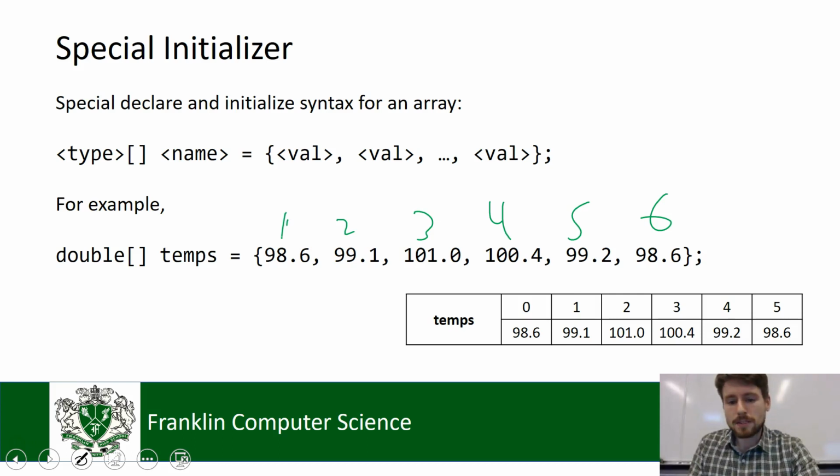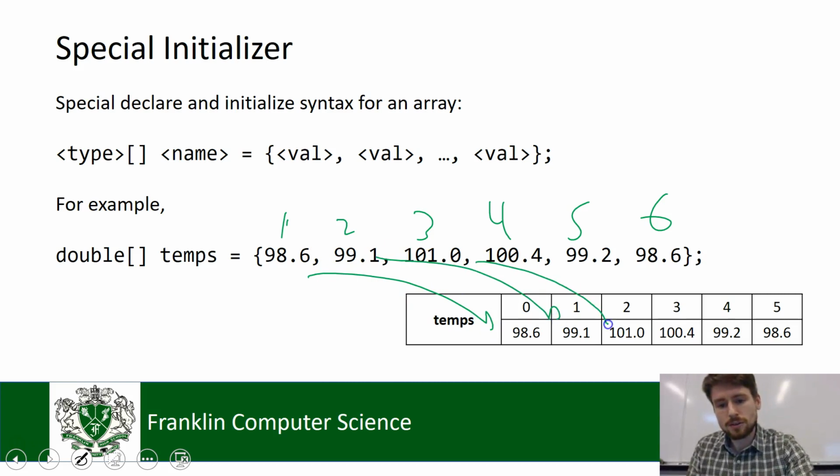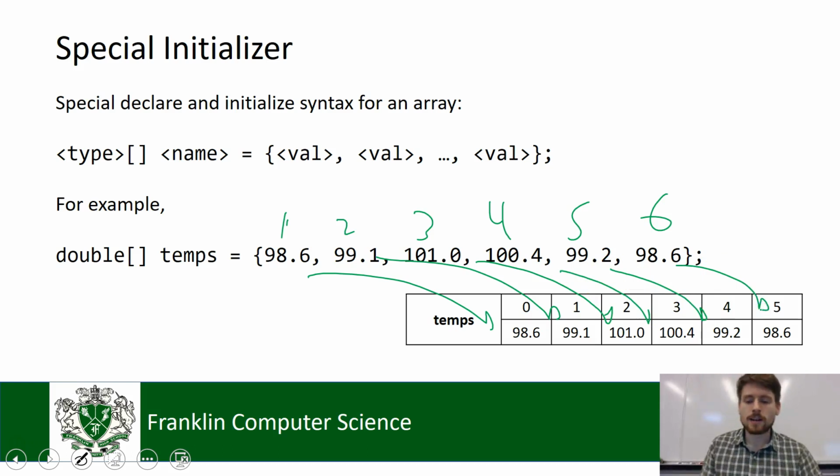They would be at position 0, 1, 2, 3, 4, and 5, right? So Java knows that you want to put this in the order that you write it. So 98.6 is the first thing in the list, and that's going to go at position 0.